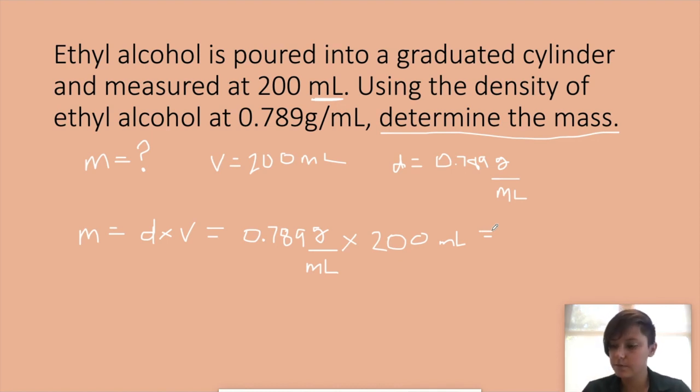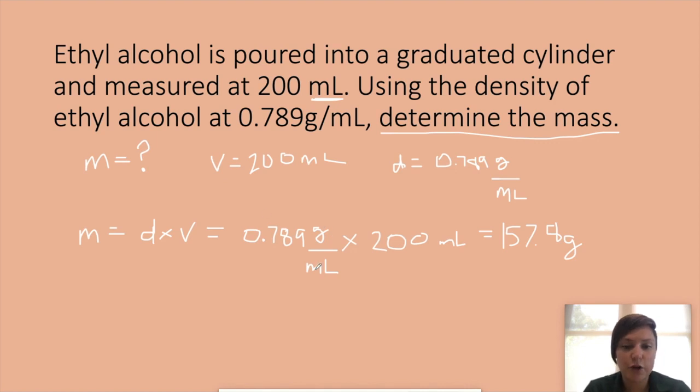So again, we just take that and type it into our calculator. So 0.789 times 200. And we get 157.8 grams.